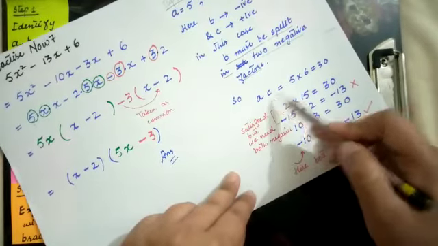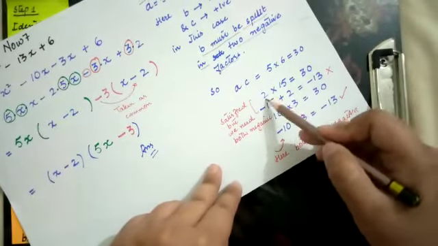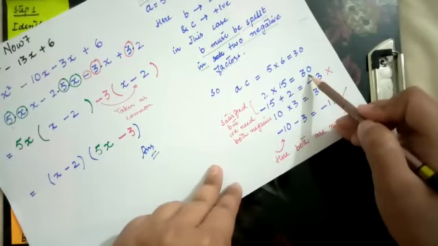As ac is 5 times 6, you have 30, so for 30 you have 2 and 15.